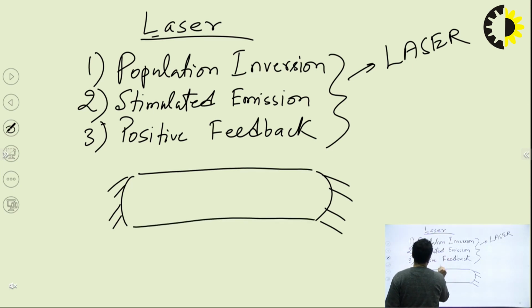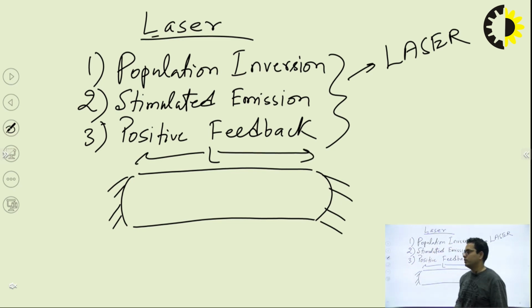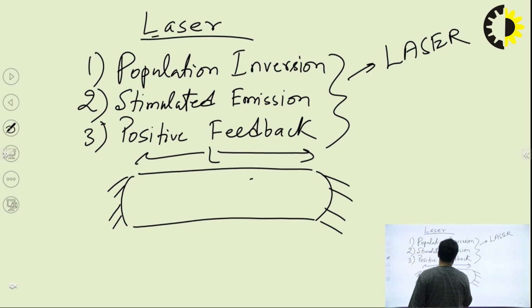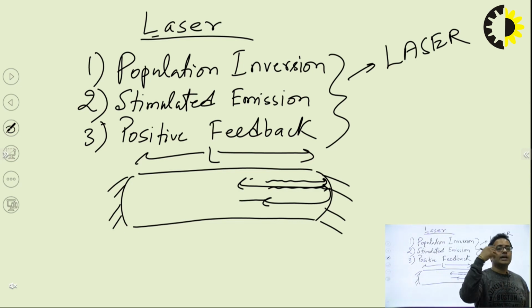So this is a laser having a cavity length of L. Suppose a photon is emitted and moves in this direction. This photon is reflected from here, and these two photons again strike electrons, which again generate four photons. In this way there is positive feedback that we are providing in the laser.